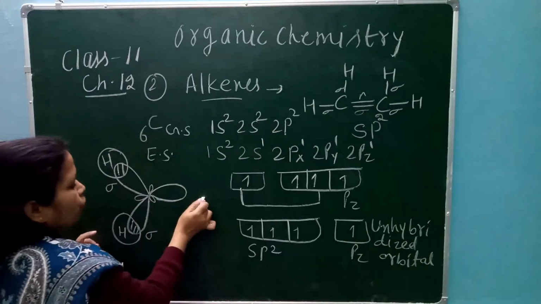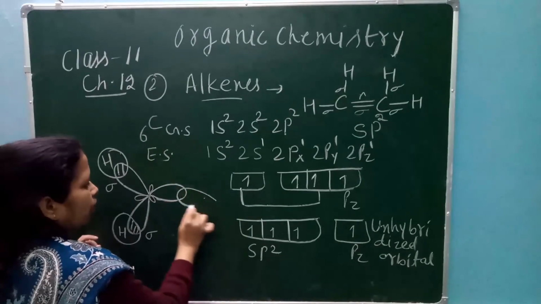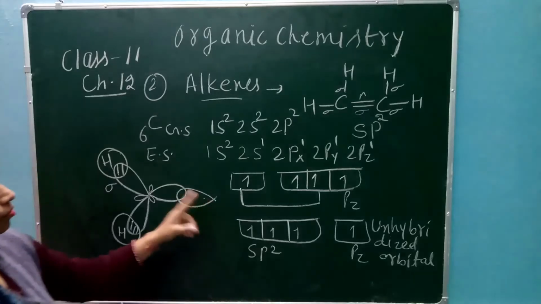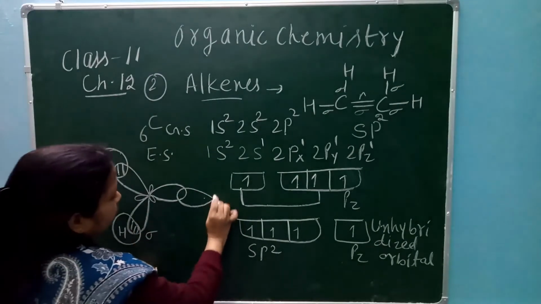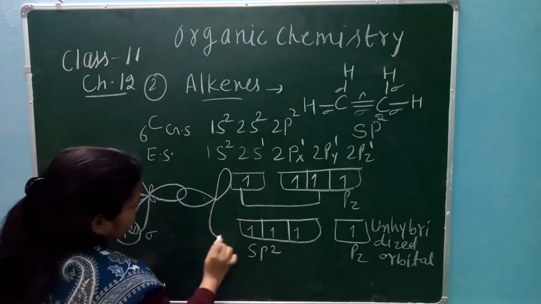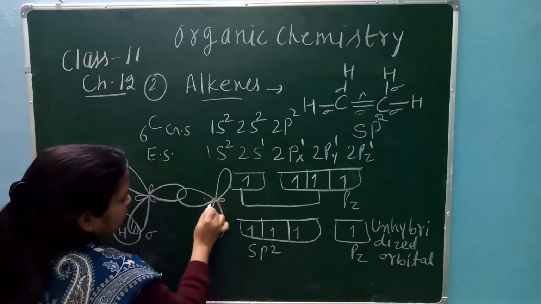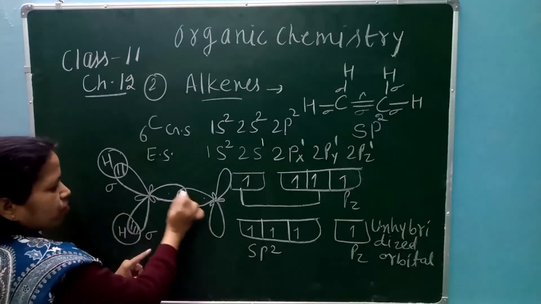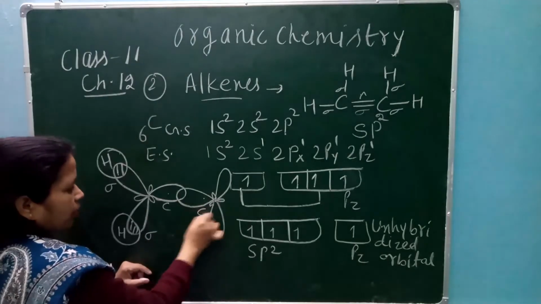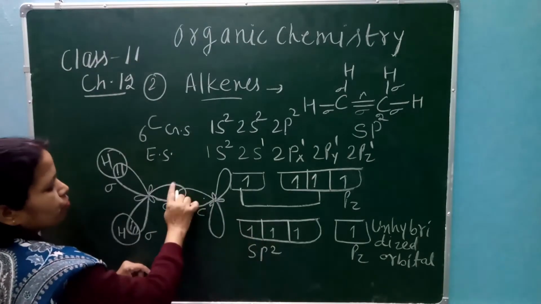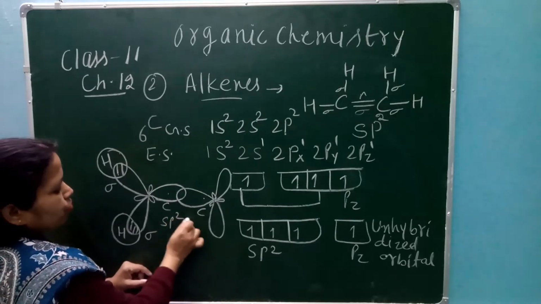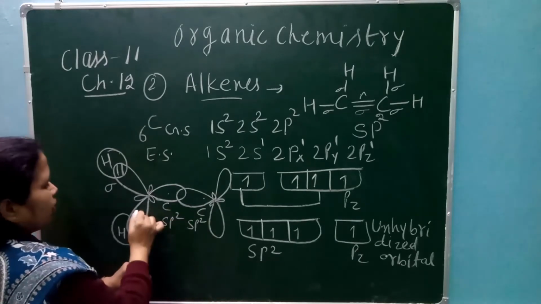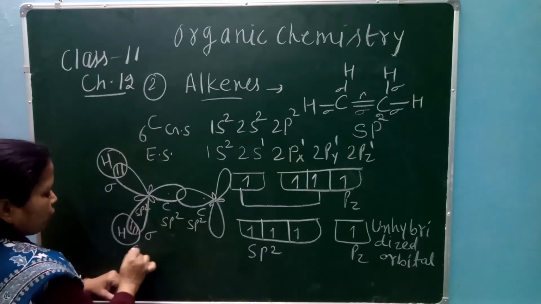And it overlaps with another carbon, and again you have to form a fan-like structure. This is the structure. Carbon overlapping here, carbon overlapping, sp2 overlapping. Here sp2 and s overlapping.